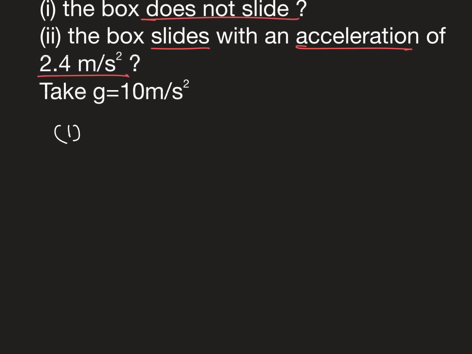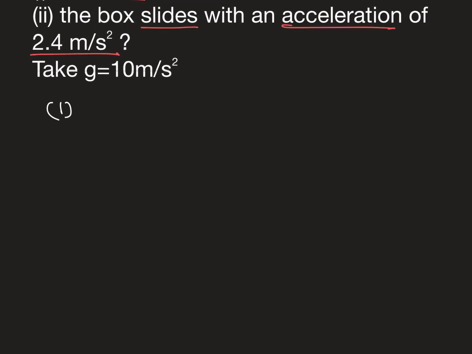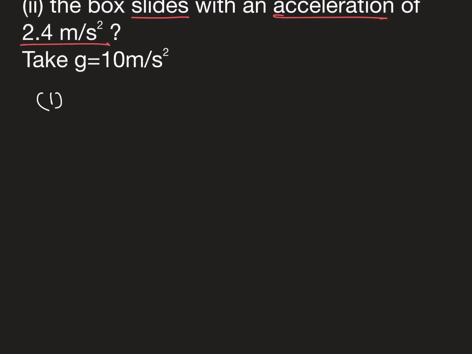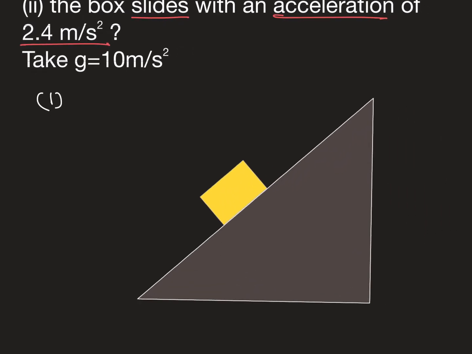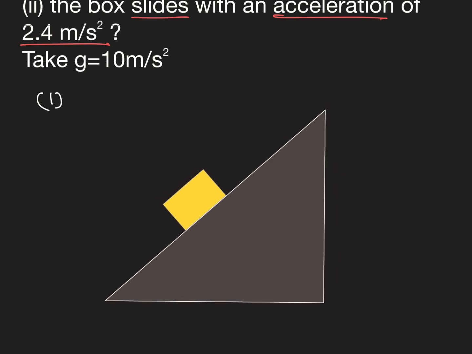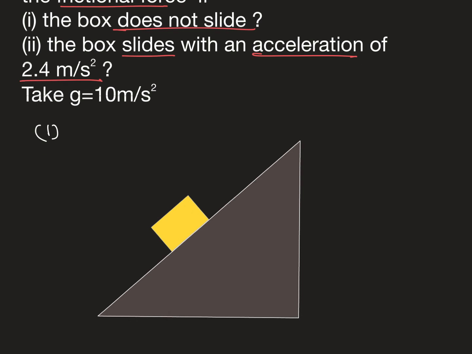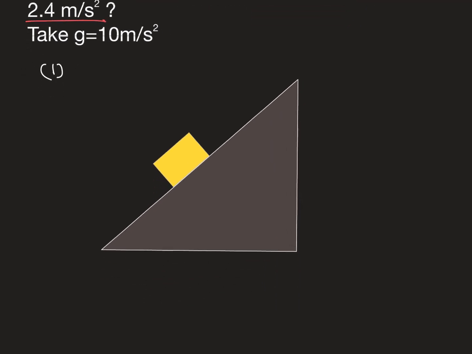Now for the first case, let's bring the diagram and explain it. So this is the diagram. The mass of the body is 5 kilograms, resting on a rough plane inclined at 30 degrees to the horizontal.